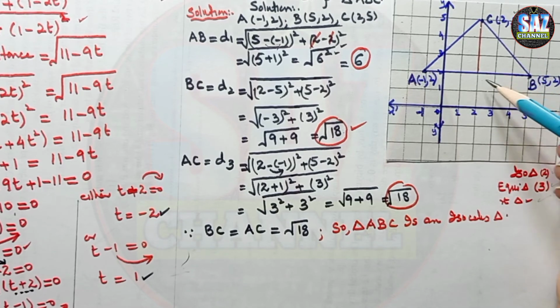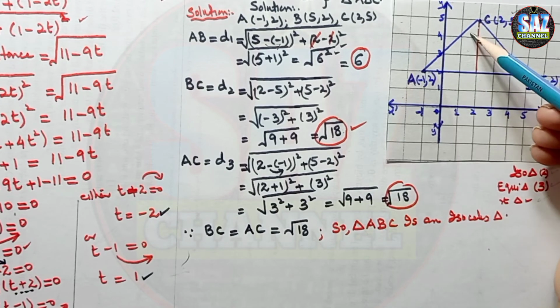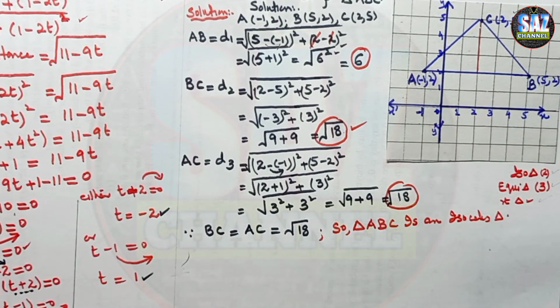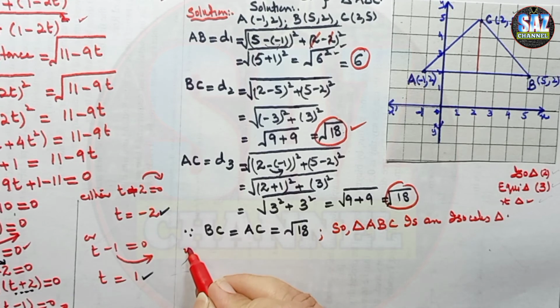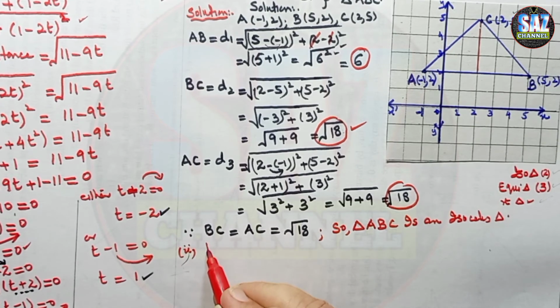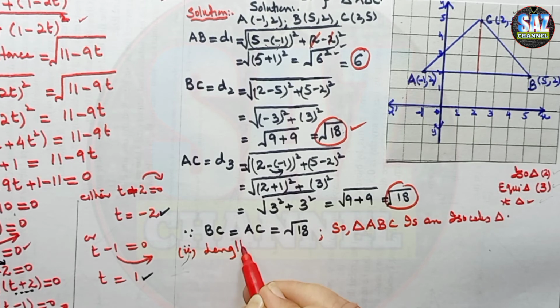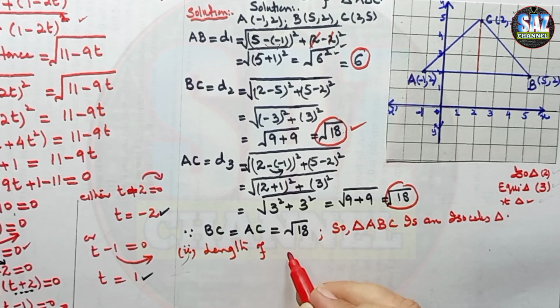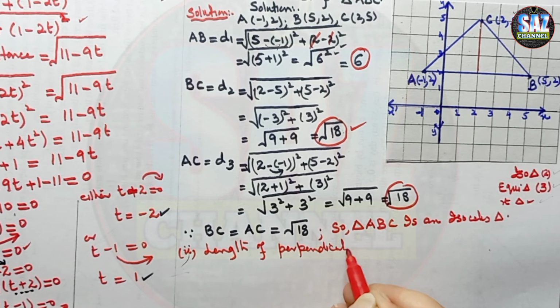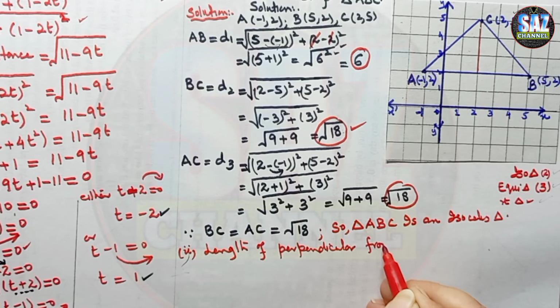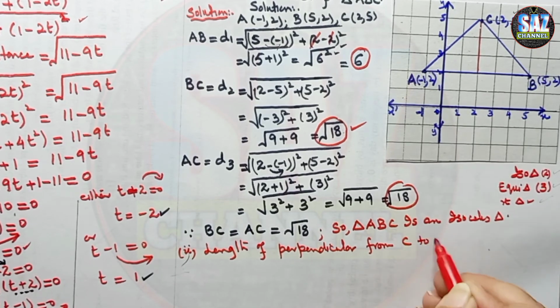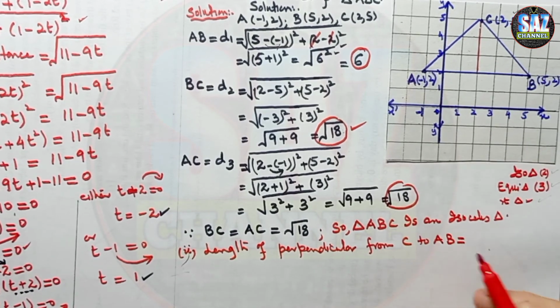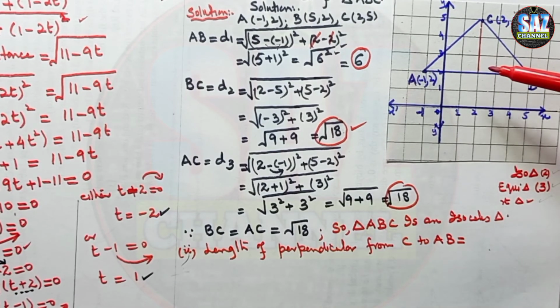Distance between the AB line and C is 1, 2, and 3 units. So the length of perpendicular from C to AB is 3 units.